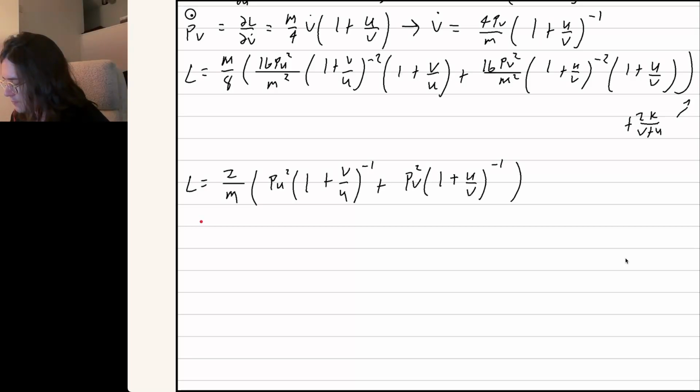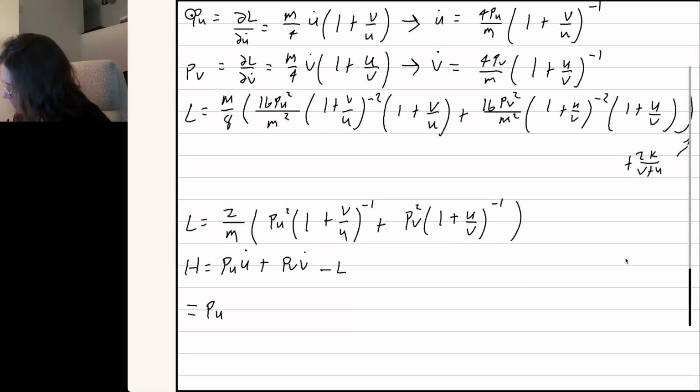Awesome. Let's do that Hamiltonian now, which is going to be p_u u dot plus p_v v dot minus L, which we'll put in terms of our momentum. So that's going to be p_u squared times (1 plus v over u) to the minus 1. That's actually going to be 4 p_u squared over m.